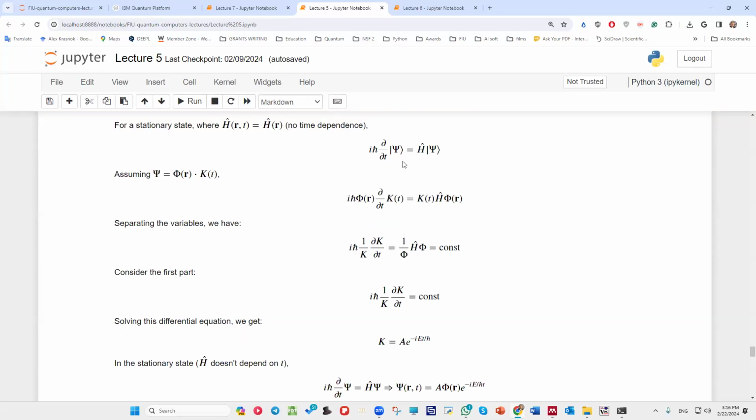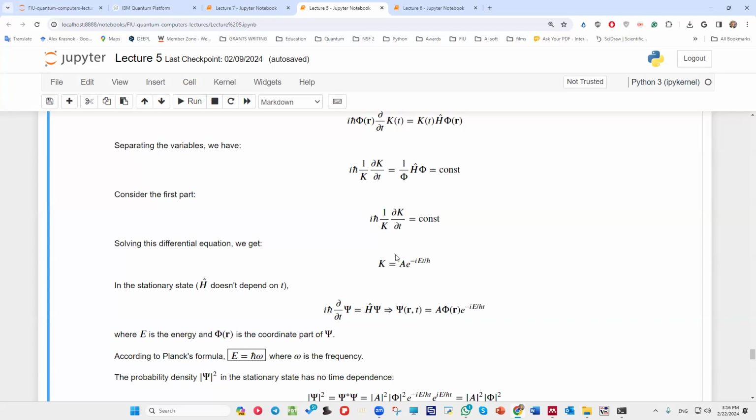All right. So we discussed that in this case, the Schrödinger equation can be solved by separating the variables, right? The general solution for the Schrödinger equation can be represented as a product of two functions. One is purely spatial, another one is purely temporal.